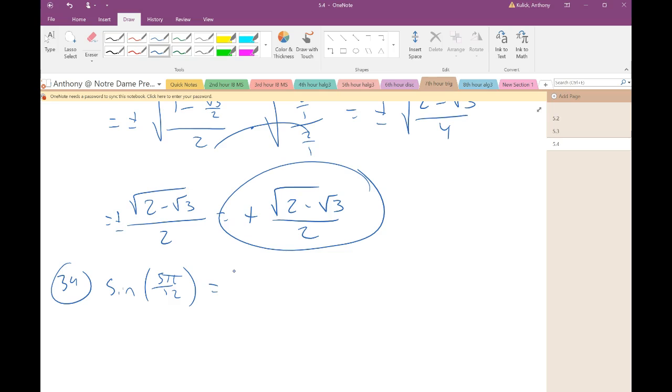how do I write the square root of 5 pi over 12 as a half angle?